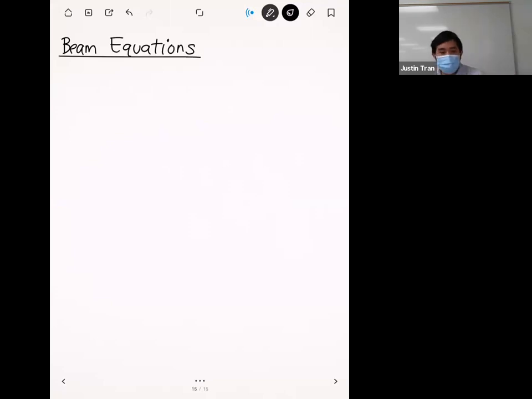We were talking about beam equations. We started talking about this a little bit on Tuesday. A beam is basically a structural member that has different deformations than a truss.